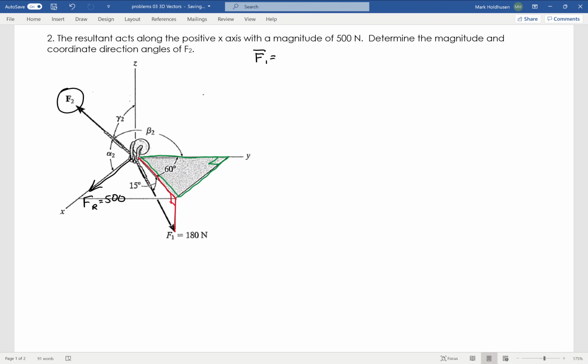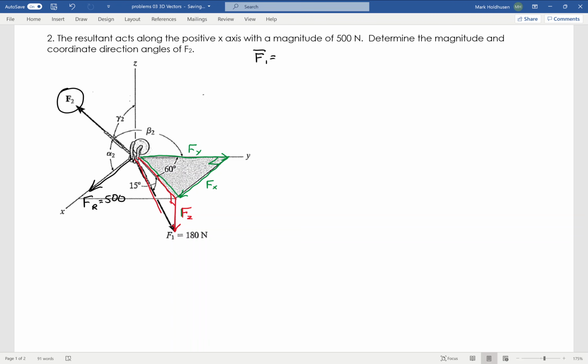Now, what I'm actually looking for here is Fy is right here, Fx is right here, and then Fz is actually that red value, which is right here.